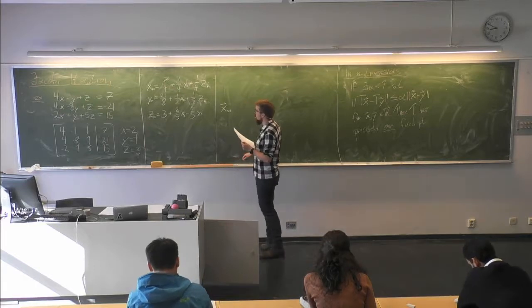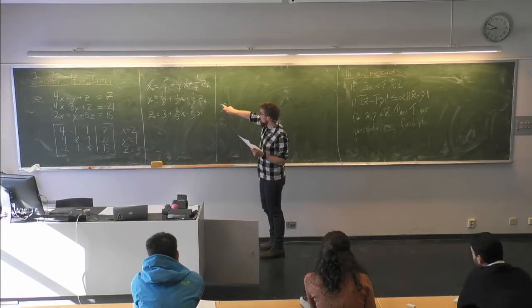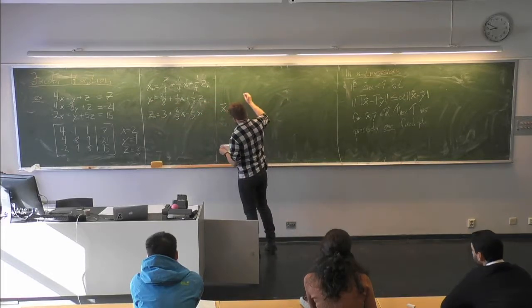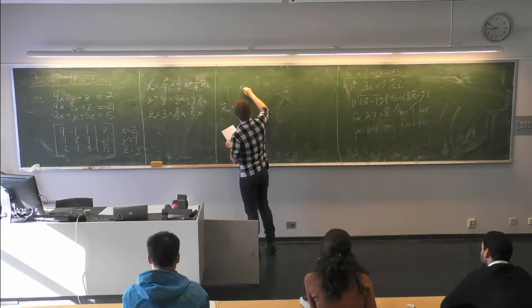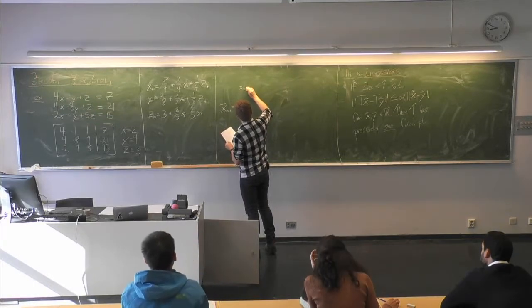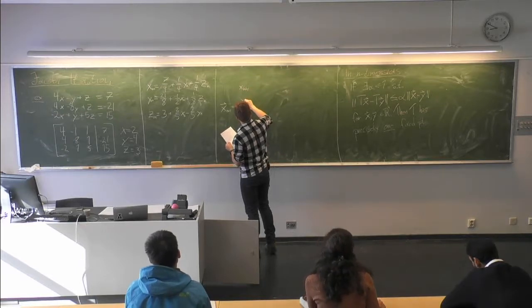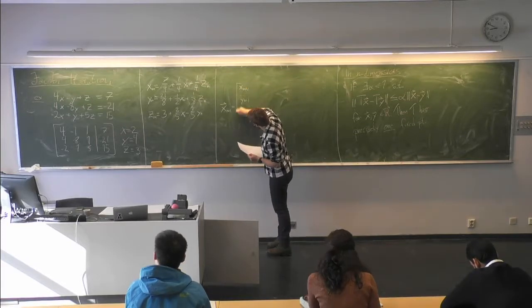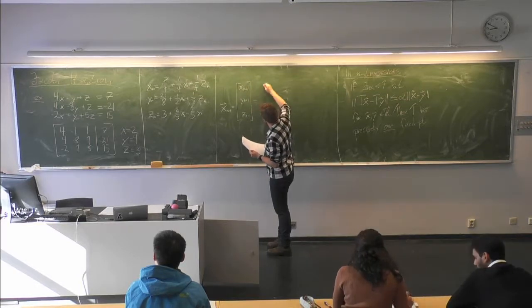In matrix form, we're going to have a matrix now. This vector contains x, y, and z, or written more verbosely, x at k plus 1, y at k plus 1, and z at k plus 1.